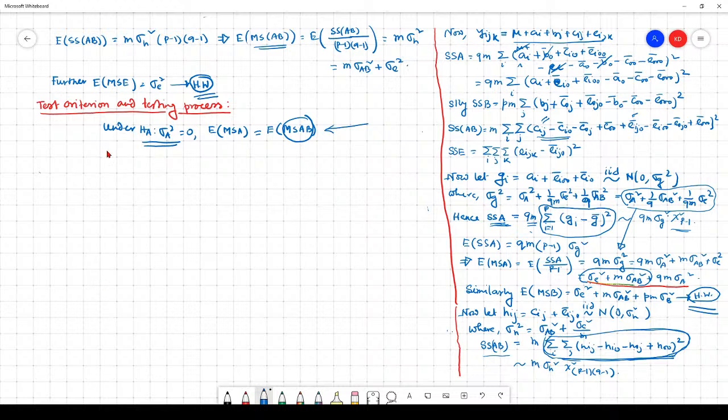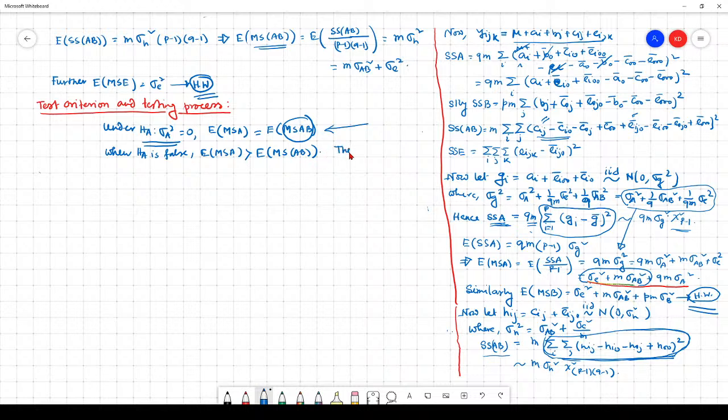And when HA is false, expectation of MSA is greater than expectation of MSAB.